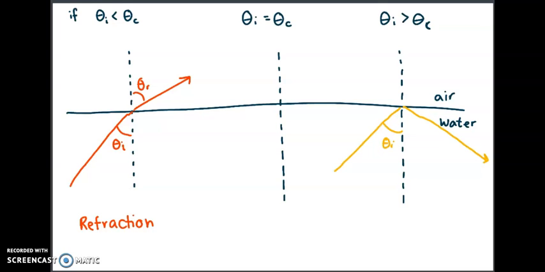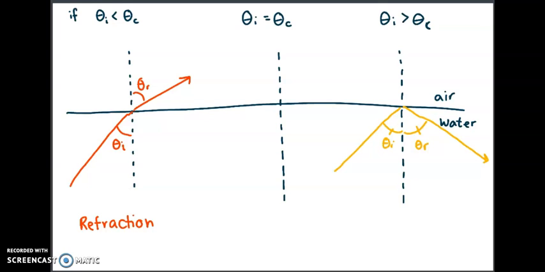Now, with total internal reflection, even though this is a refractive property, we call this total internal reflection because in this case, it obeys the law of reflection. These 2 angles are congruent for anything above the critical angle.